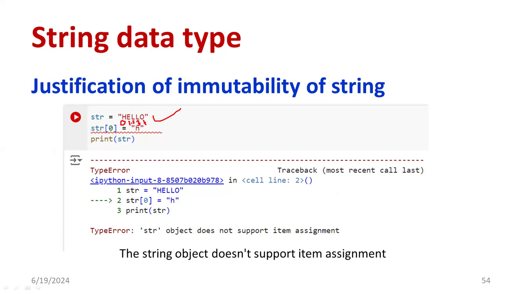Correct? So what I want to do is replace the zeroth element, the uppercase H, with the lowercase h. That means str, then square bracket 0, that is equal to h. In place of the capital letter H, I just want to put the small letter h. Is it possible?